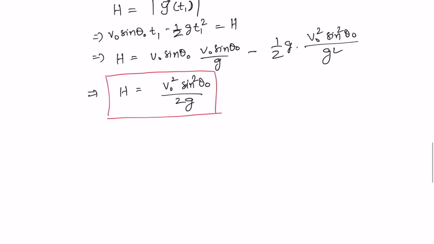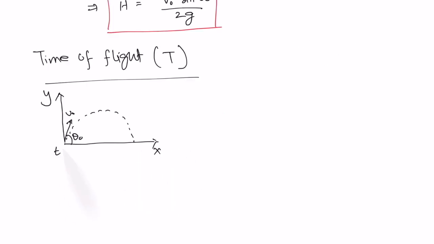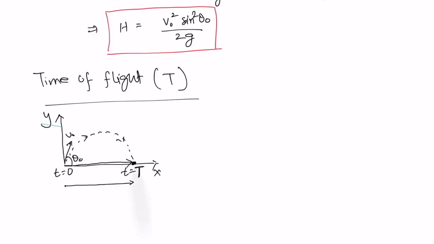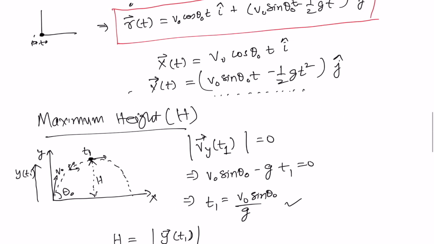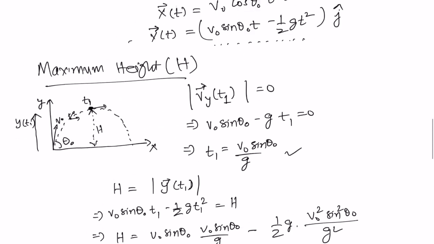Let's calculate time of flight. Time is 0 here, and time is the time of flight when the object reaches here. When the flight is finished, the magnitude of the y component of the position vector is 0. We know the magnitude of the y vector is v naught sin theta naught t minus half g t square.